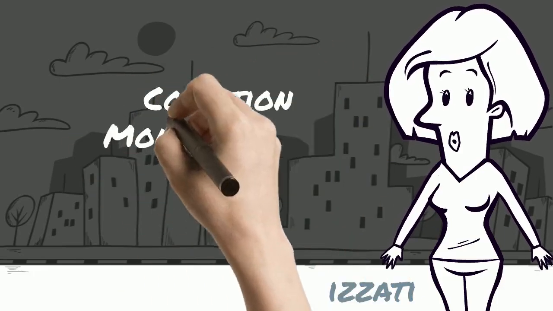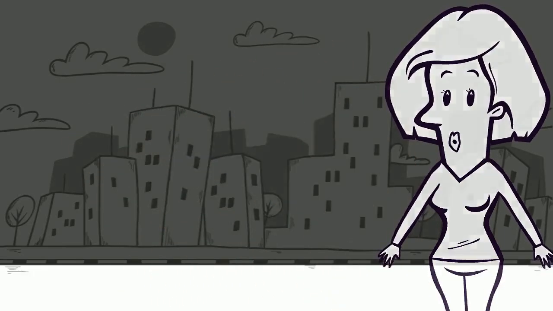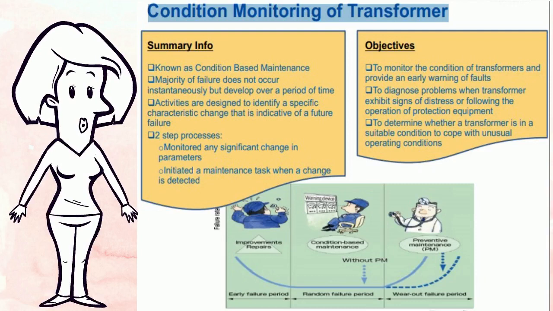Condition monitoring of transformer, known as condition-based maintenance. The majority of failures do not occur instantaneously but develop over a period of time.